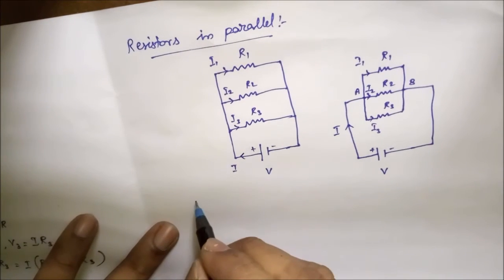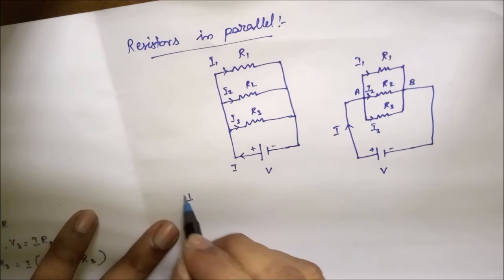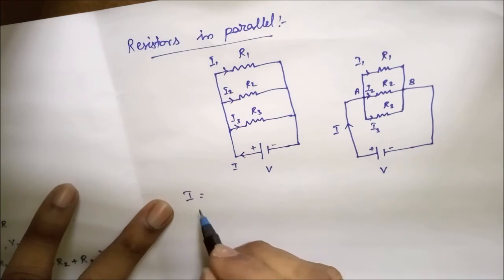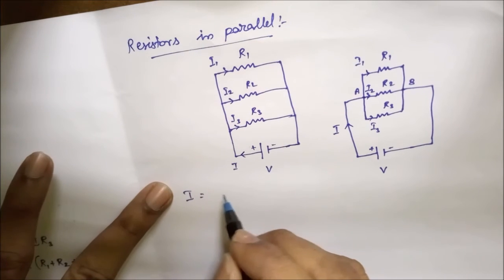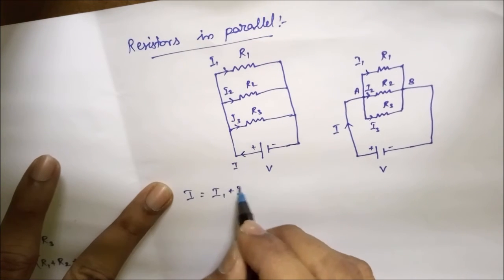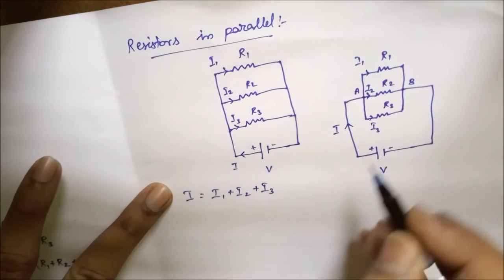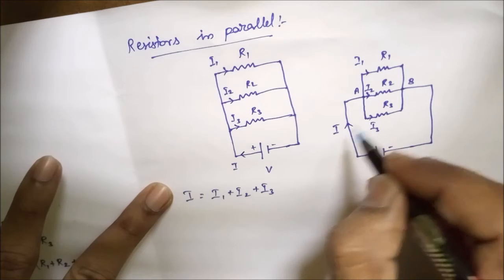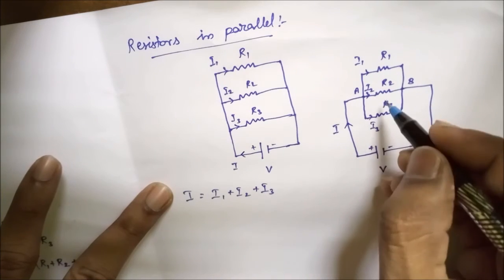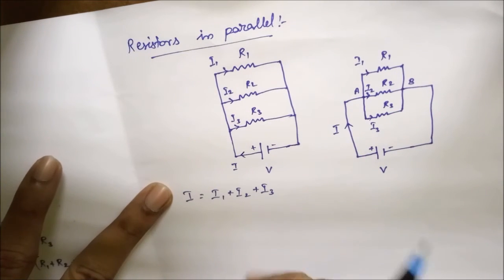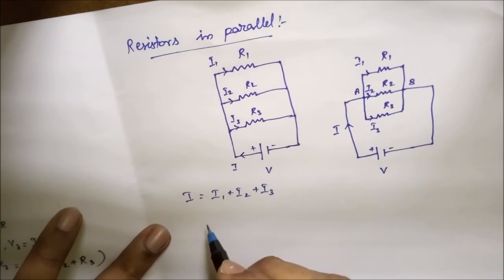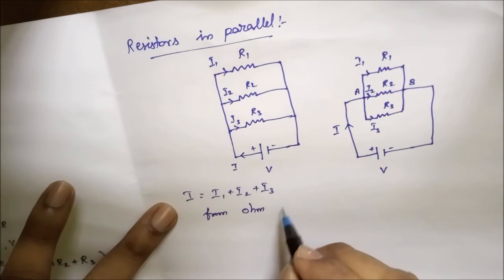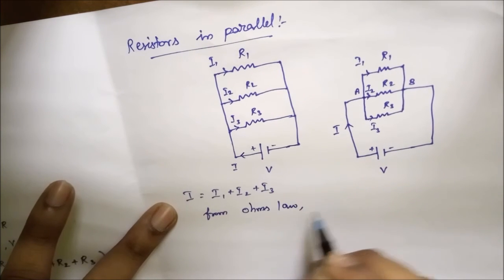Now we have to calculate the total current involved in this circuit. So I is equal to I1 plus I2 plus I3. If you add these 3 currents, it is equal to this current, because I1, I2, I3 are derived from capital I. Now by applying Ohm's law, what is Ohm's law?